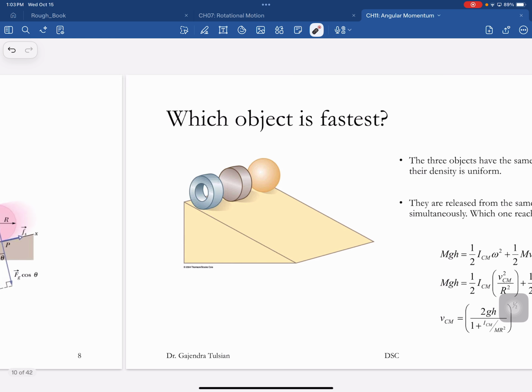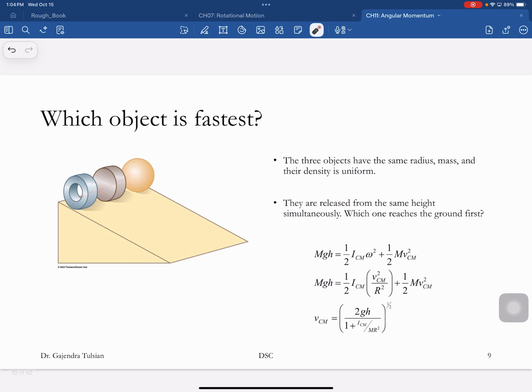So for instance, here are three objects of equal mass and equal radius. This one has its mass distributed further from the axis than this one. So this one has a greater moment of inertia.